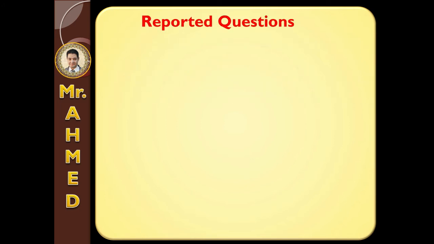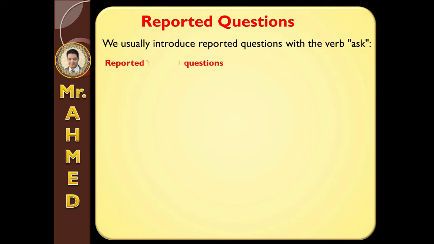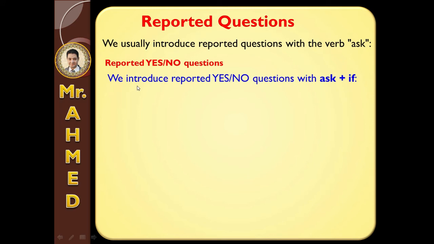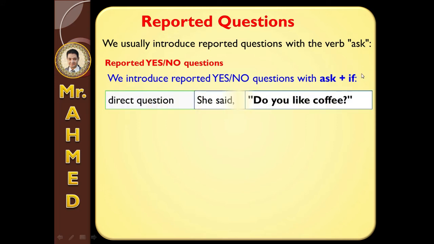Okay, now with reported questions, the first type will be the yes or no question. We usually introduce reported questions with the verb ask. We introduce a reported yes or no question with the verb ask plus if, as we will see.